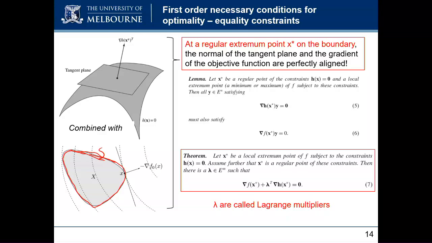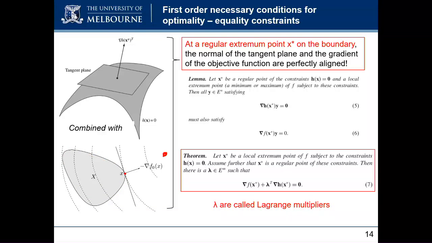If this is my objective function and I'm trying to minimize, then the global minimum is somewhere here. But with respect to my constraint set, this will be my optimal solution. You see that? So this would be the optimal solution because of the imposed constraint.